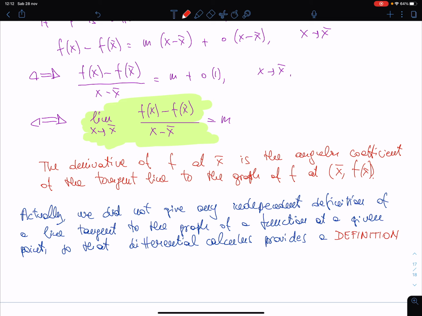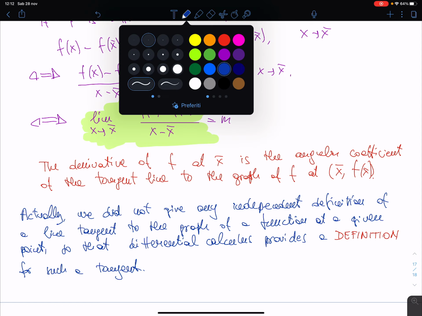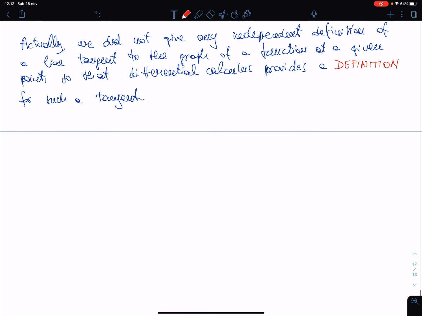Provides a definition for such a tangent. So let me give this definition.